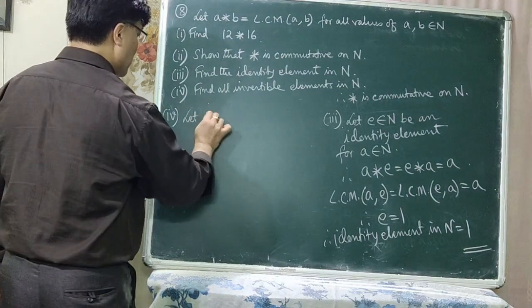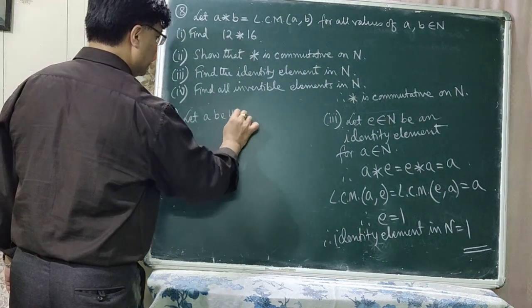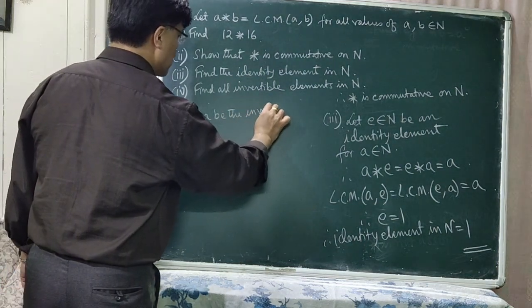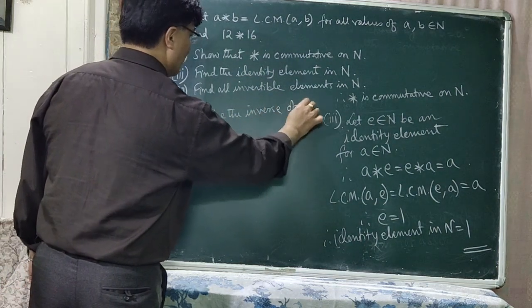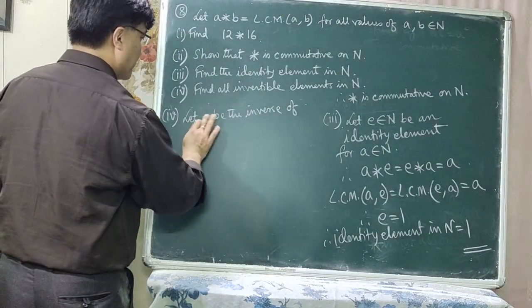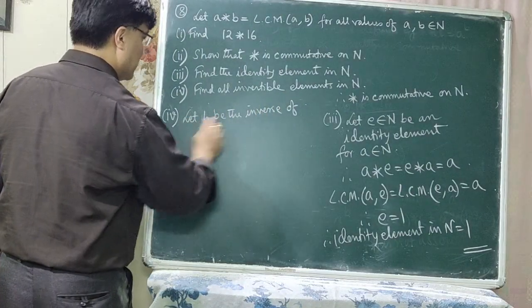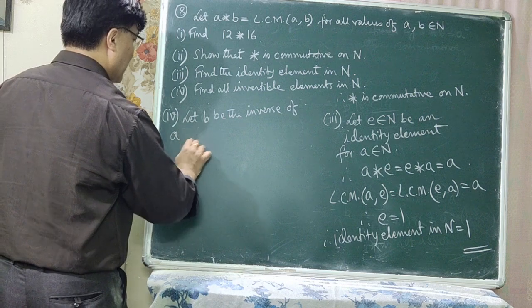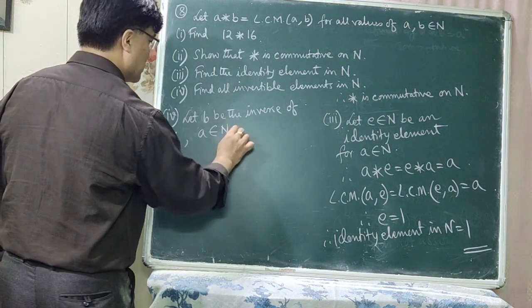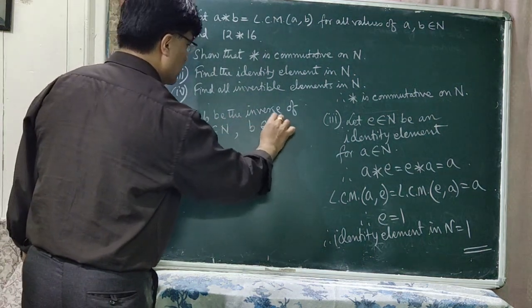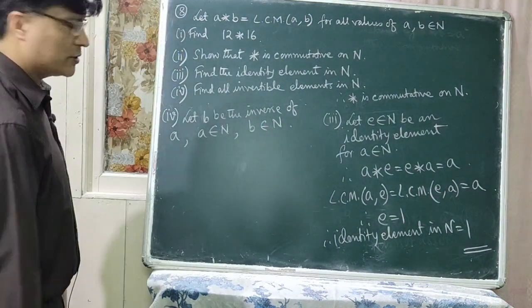Let B be the inverse of A. And here A belongs to the set of natural numbers and also B belongs to the set of natural numbers.